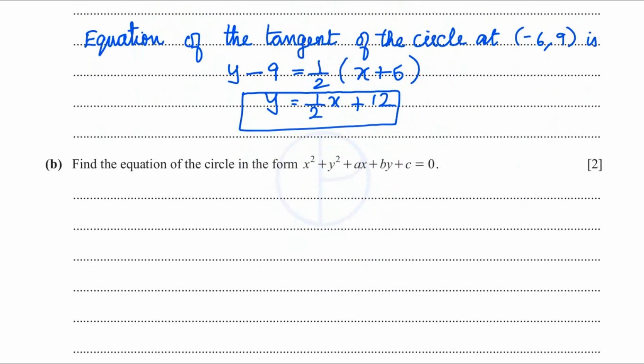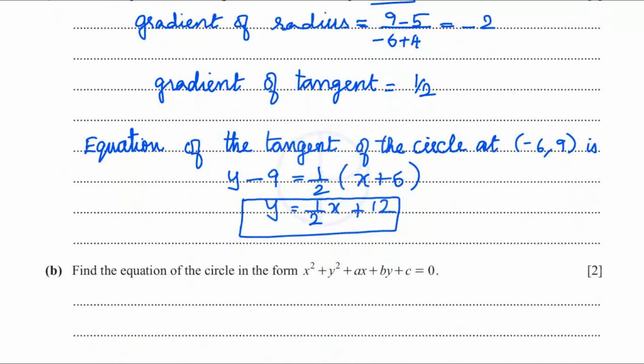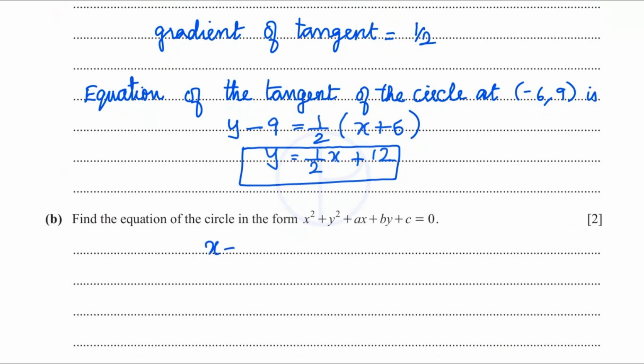The next part of the question is to find the equation of the circle in the form x squared plus y squared plus ax plus by plus c is equal to 0. So here we have the center of the circle and the radius of the circle. So the equation of the circle is x minus, what is the center?